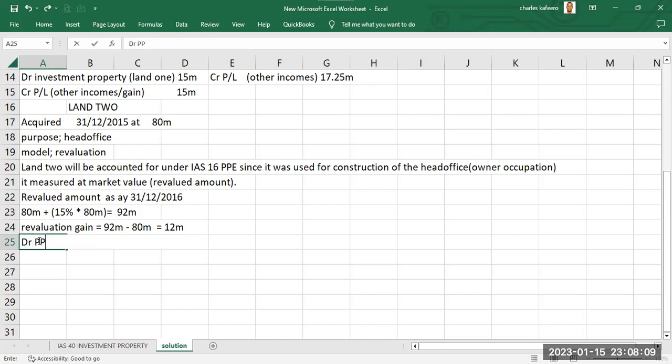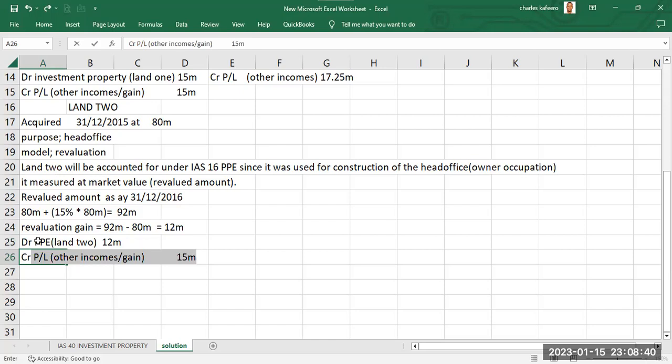In terms of land 2, I'll put land 2, 12 million, then a credit. This time around, we are not taking it to profit and loss because this 12 million is not actually realized. It is just a revaluation.